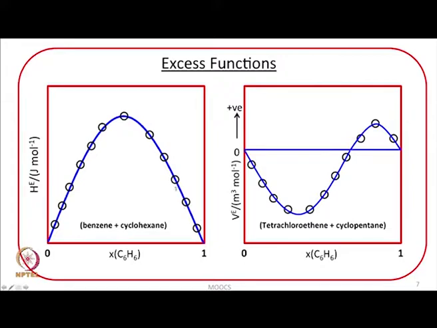This excess function arises because of the difference in the intermolecular interaction between benzene and cyclohexane compared to benzene-benzene and cyclohexane-cyclohexane interactions. In the same way, the excess volume in such cases shows either positive or negative deviation depending upon the composition range.